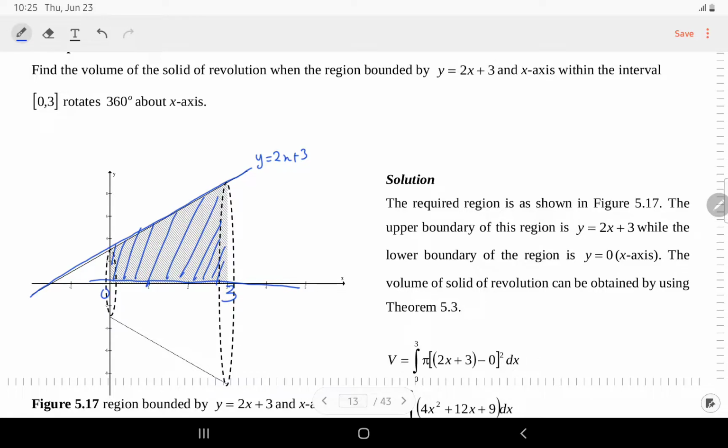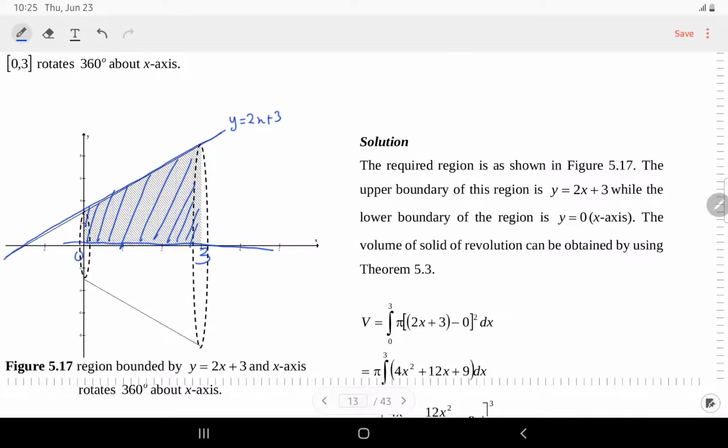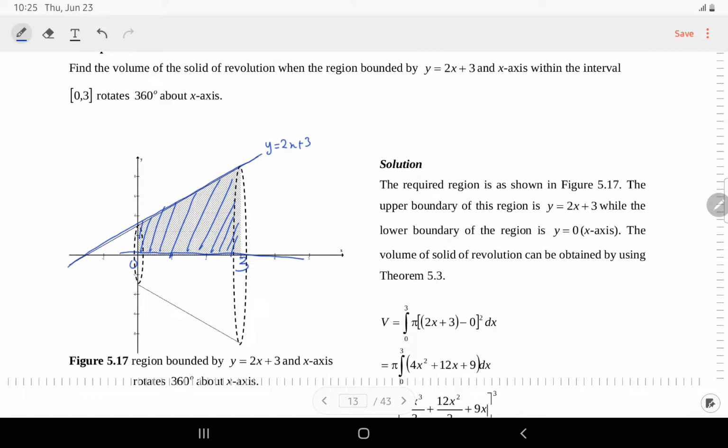Okay. So using disk method, tadi formula dia, okay, kita kena pilih. Disk method ada two formulas, whether we are going to integrate it by dx or dy. So itu bergantung kepada axis of revolution. Untuk soalan ni, axis of revolution, paksi pusingan dia adalah dekat x-axis, where x-axis is a horizontal line.